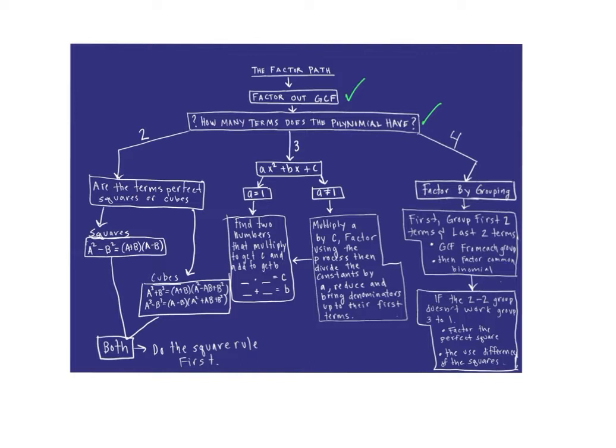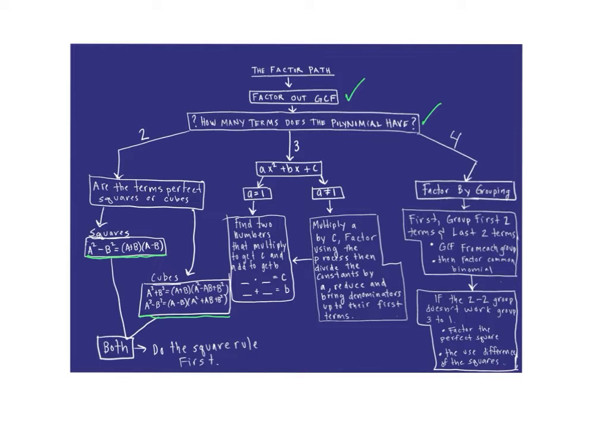Are these 2 terms perfect squares or perfect cubes? Or on the rare occasion, sometimes they're both. Okay, so after we ask ourselves, are they perfect squares or perfect cubes? If they are perfect squares, we're going to use the difference of the square formula. And if our 2 terms are perfect cubes, we're going to use the sum of the cubes or the difference of the cubes formula.